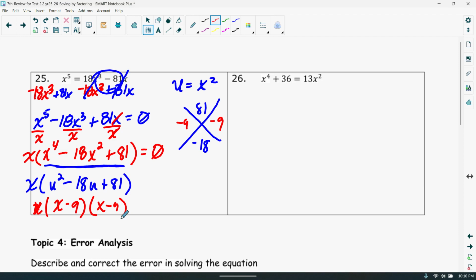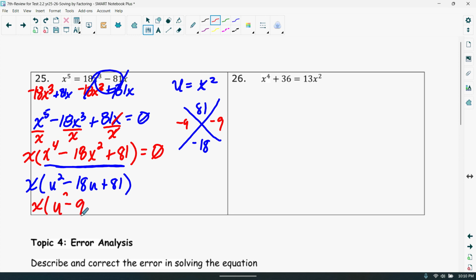minus 9 equals 0. Remember, this is actually x squared, because if I do u squared and factor it, I'm left with u. I probably should have just shown it with the u first.